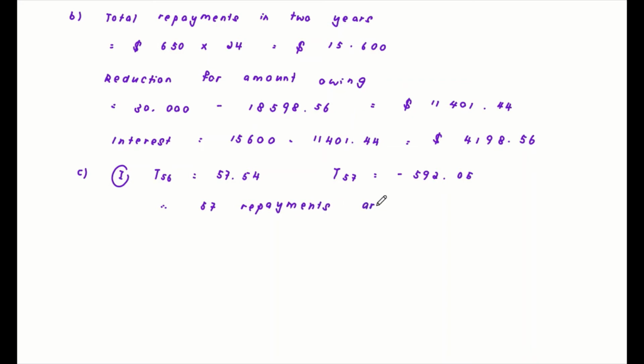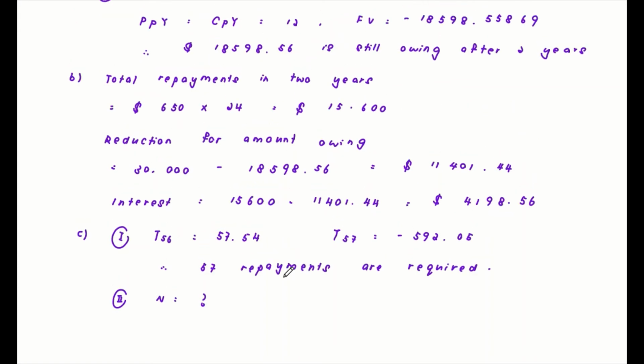Alright, so this is one way to do that. Second way, of course, we can try to use our finance solver. So same thing when we are using our finance solver, N here is what we want to find, right? Because we want to find out how many repayments we need to finish off the loan. So the I here is still 8.5. PV here is still 30,000.